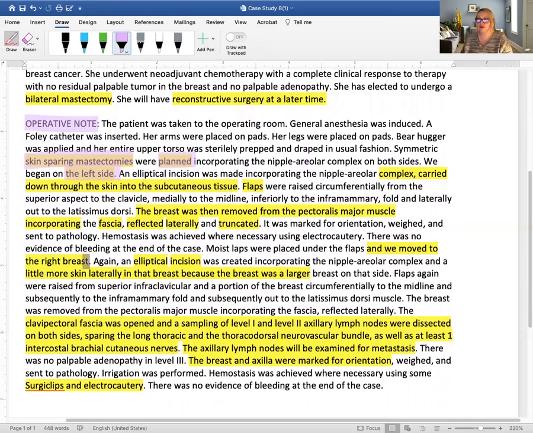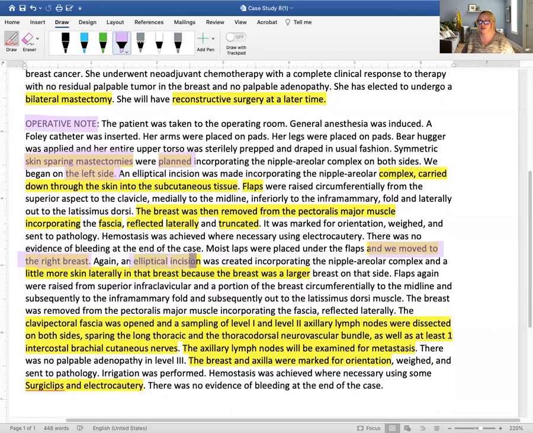But if I'm not as familiar with this note, I don't want to get stuck in the weeds. So I'm looking just for the right breast, which I'll find here. So we moved to the right breast. Okay, so that's where the right breast procedure started, at this point. We'll come back up here for the left in a minute.